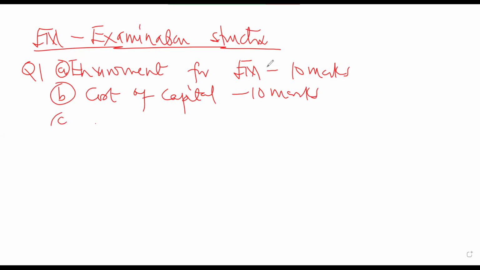It can be sources of business finance. Okay, it can be sources of business finance. And if it is sources of business finance, that will also be 10 marks.